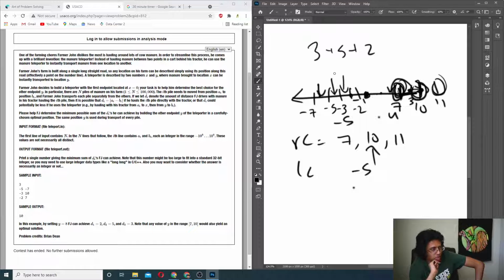But how do we keep track of that? The integers are pretty big, so you can't go through all of them.